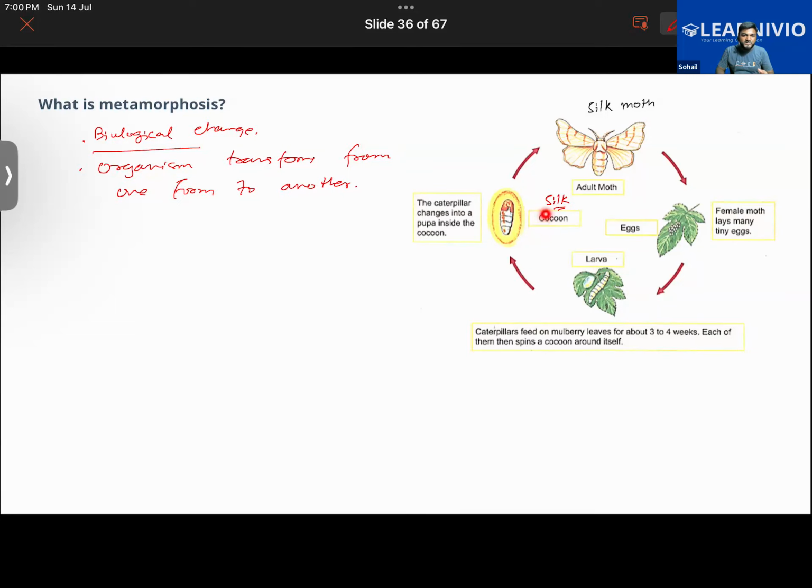That fiber is called silk. So this larva secretes the silk fiber and wraps itself around it in order to protect itself against the harsh environment. So here it has made some changes in order to adapt to the environment. But do we see such things in the case of humans or dogs or cats, etc.?